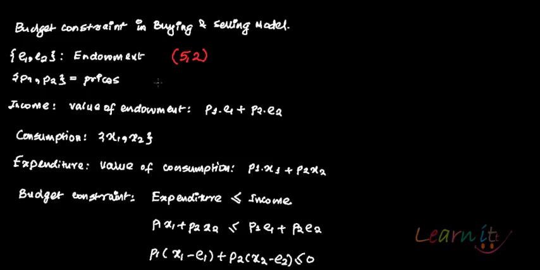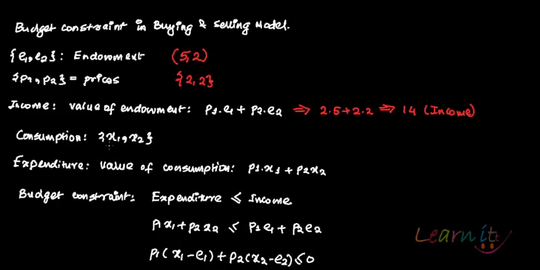That is your endowment, and your price levels are 2, 2. So what is the value of endowment? It would be 2 into 5 plus 2 into 2, which is equal to 14. Fine. This is basically your income.